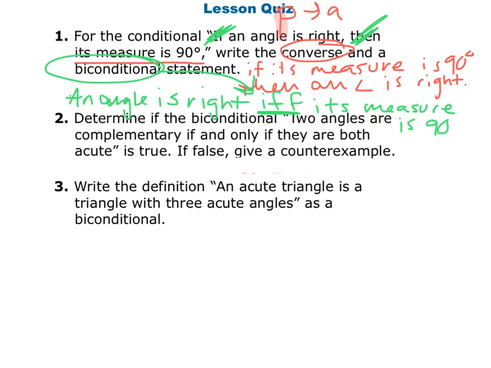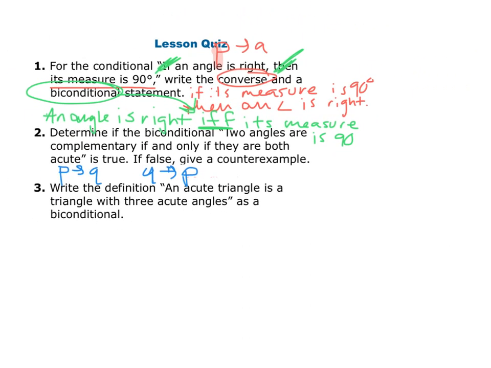Determine if the biconditional two angles are complementary if and only if they are both acute is true. If false, give a counterexample. So in order to prove that the biconditional is true, we need the conditional to be true, P then Q, and the converse, Q then P. So our conditional would be, if two angles are complementary, then they are both acute.